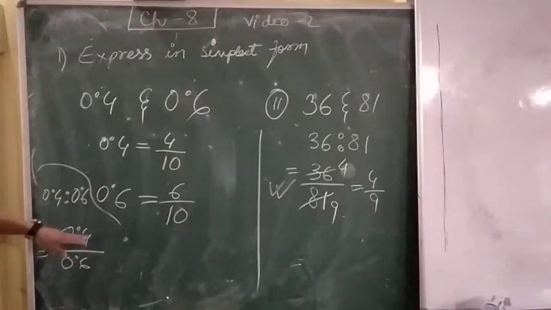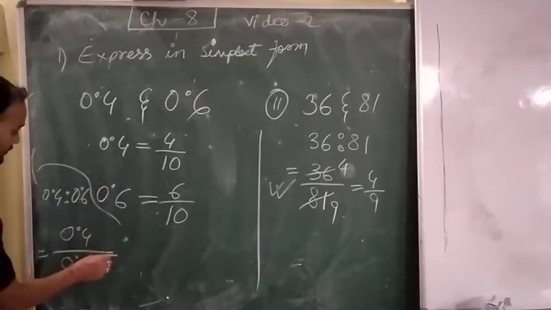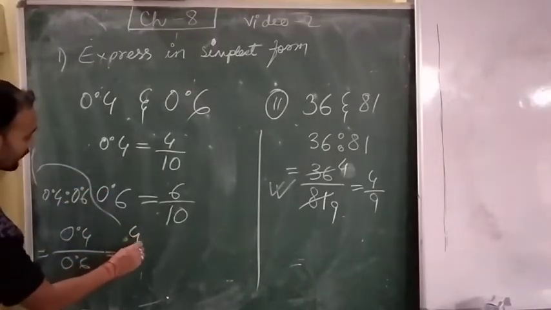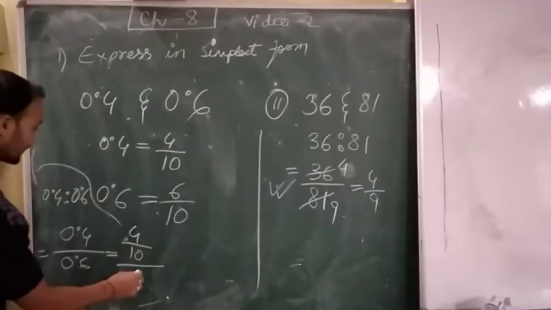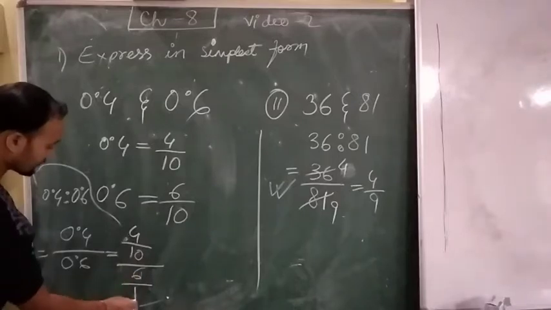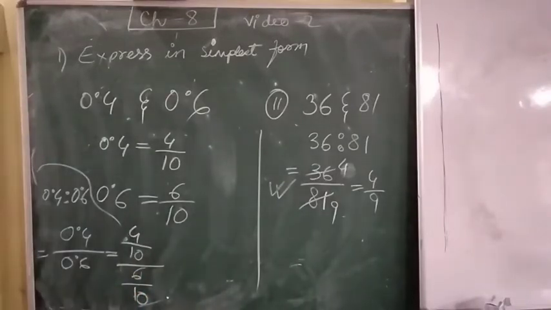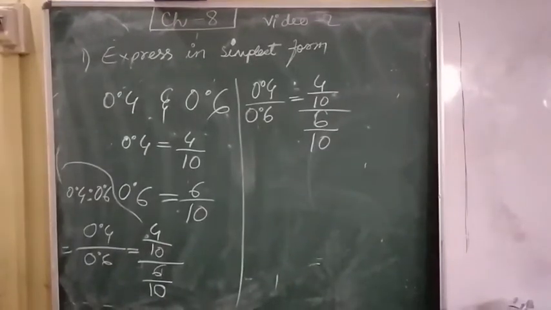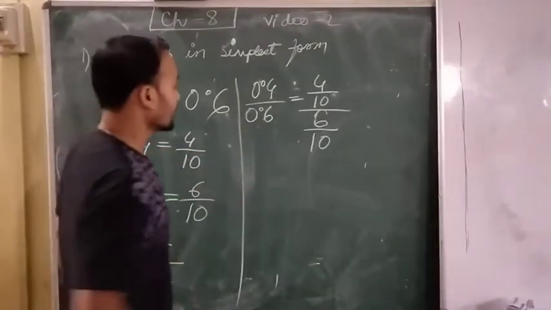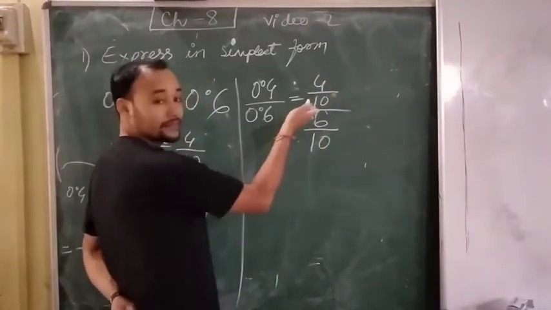Now in place of 0.4 you put 4 by 10, and 6 by 10. Okay, are you able to see? Now see, I am writing this. Now see, this is 4 by 10 divided by 6 by 10.